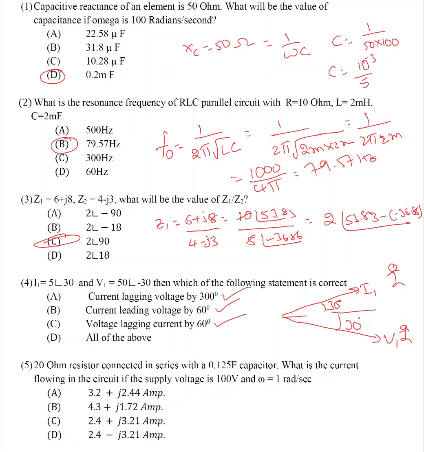All three statements are true, but we always use this statement because we always take voltage as a reference and current leading voltage by 60 degrees. All three statements are correct, but this is the appropriate statement. So the right answer is all the above statements are correct, but this is the more appropriate statement.